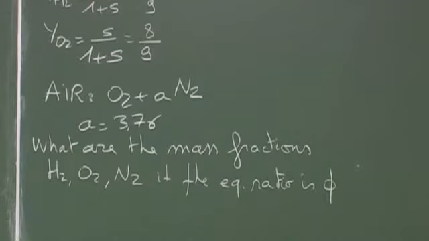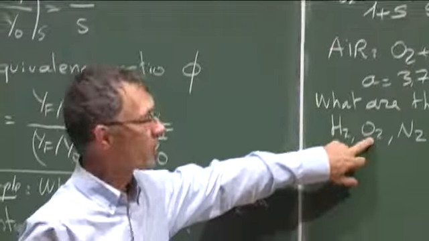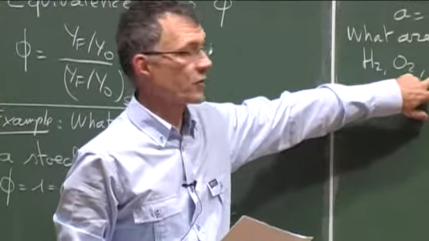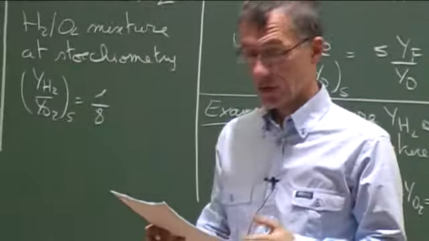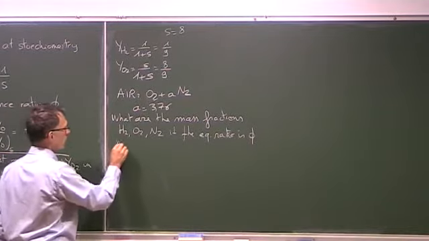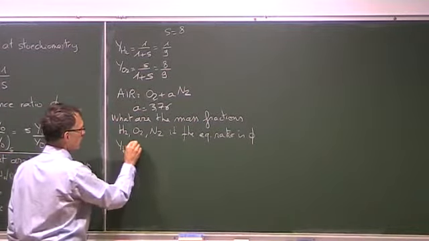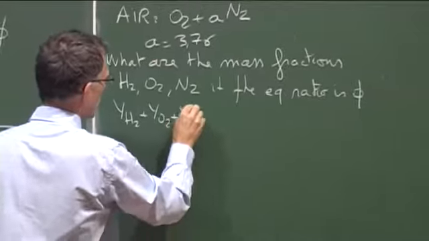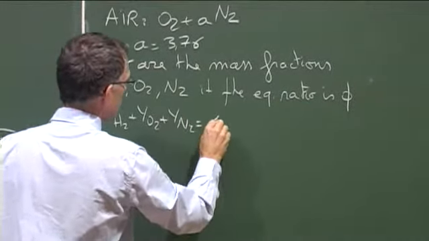So same exercise here. You have now three unknowns: the fuel mass fraction, the oxidizer mass fraction, and the mass fraction of nitrogen. You need three equations. First equation will be Y_H2 plus Y_O2 plus Y_N2 equal unity.